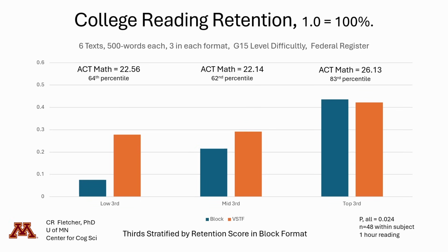Separate studies for college freshmen show a wide spread in reading performance between the top third and the bottom third of the study population. These were difficult passages at a grade 15 level, and the students in this study had a within subject study design alternating between reading block format and VSTF format.